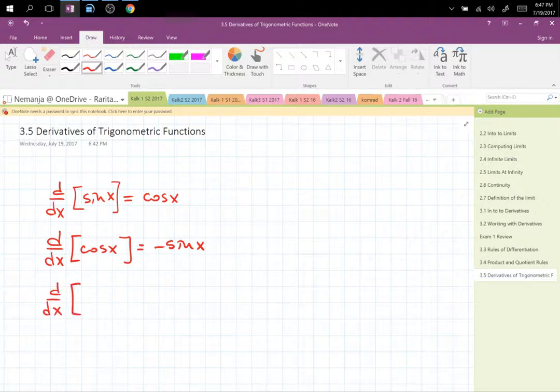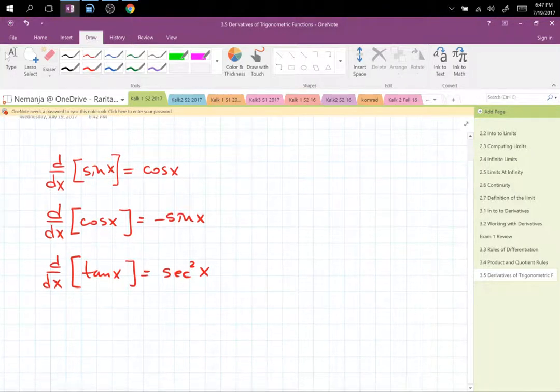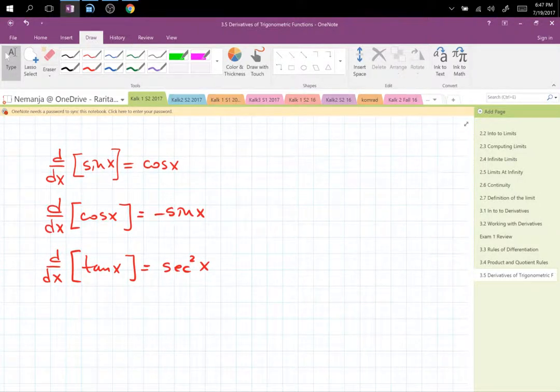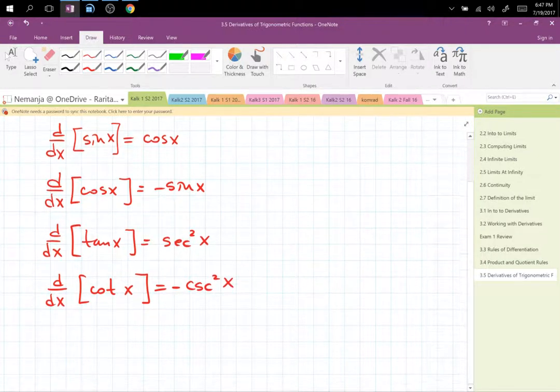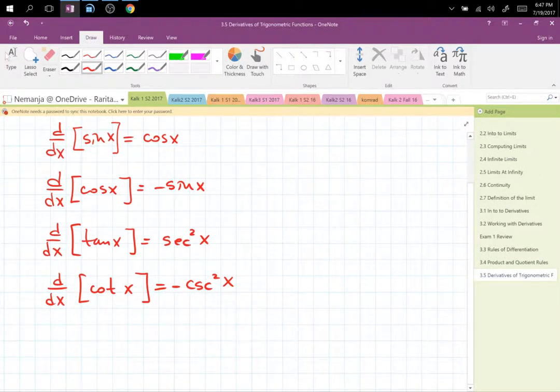The derivative of tangent x is secant squared x. Guys, focus, focus. The derivative of cotangent x is negative cosecant squared x. All right.